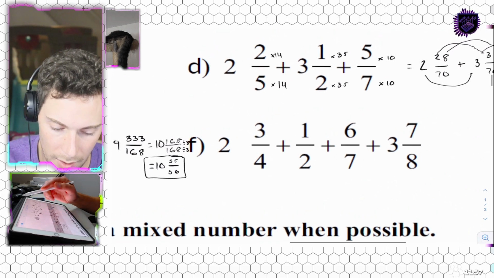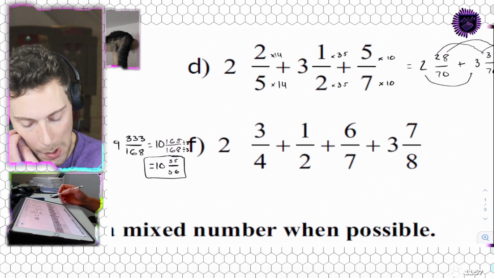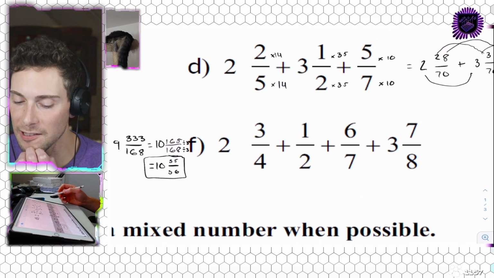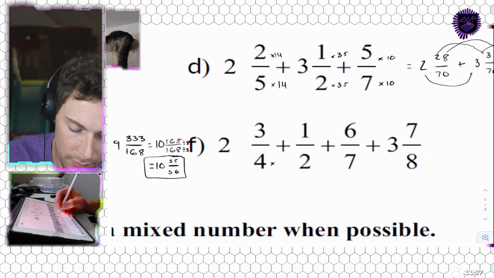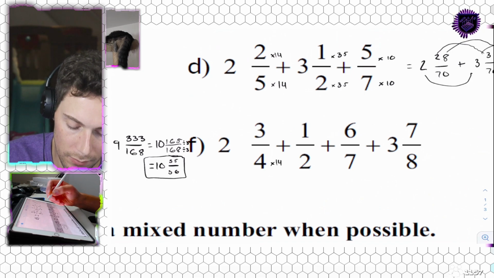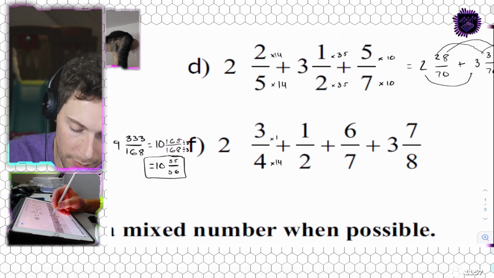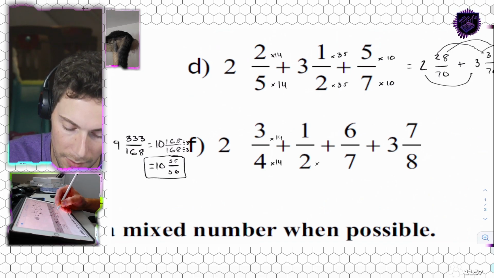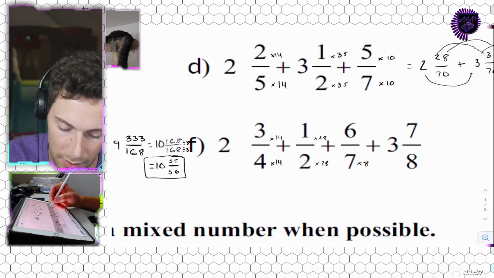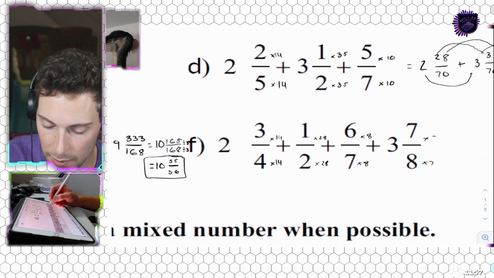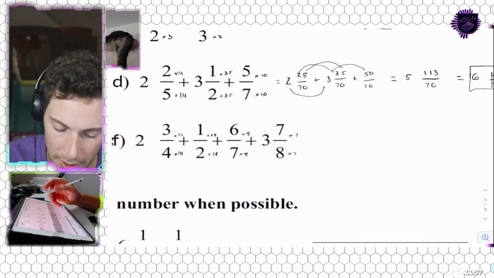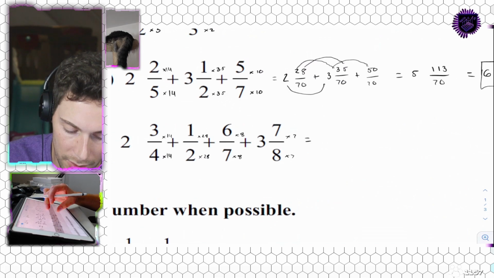Okay. What times 4 equals 56? 14. Times 14, times 28, times 8, and times 7. Let's rewrite our answer, and I gotta do it small.